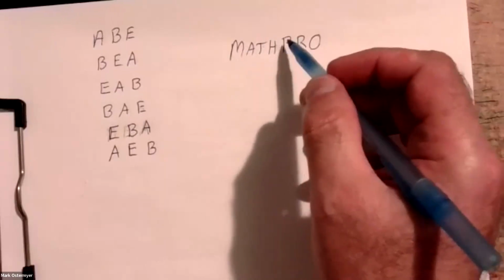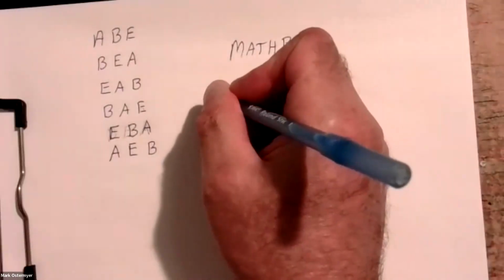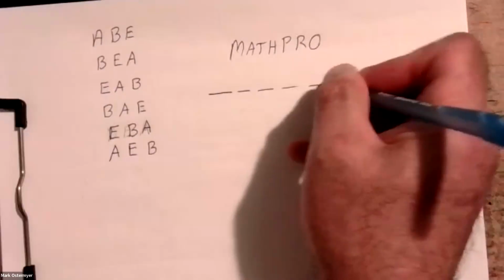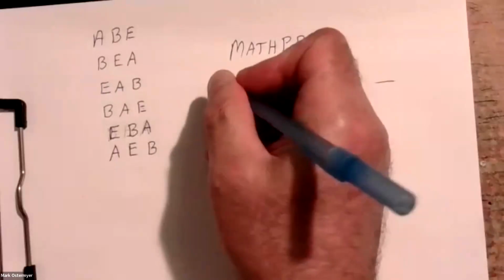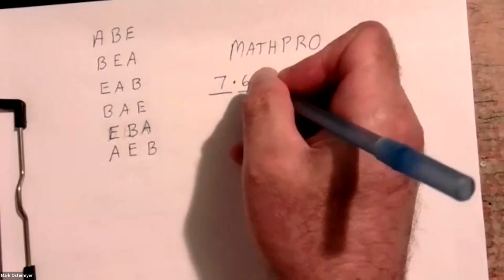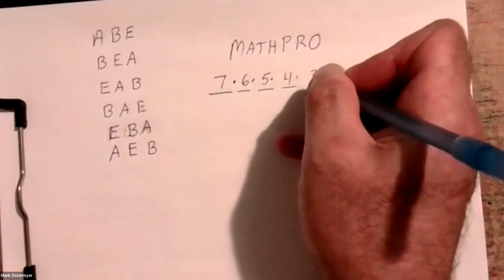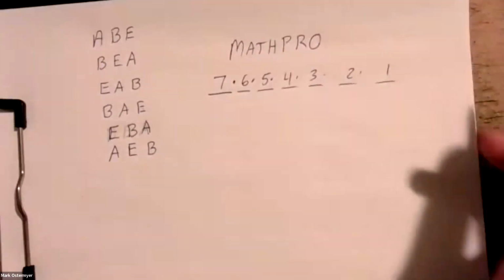Well, you've got how many different letters? 1, 2, 3, 4, 5, 6, 7, right? 7 different letters. So you could think of it as like 7 different mailboxes here. 7 ways to populate the first letter, 6 ways for the second, 5 ways for this one, 4 ways for this one, 3 ways for this one, 2 ways for this one, 1 way for this one.